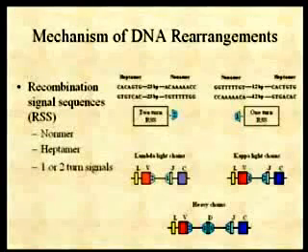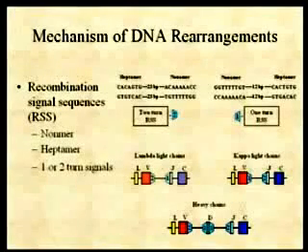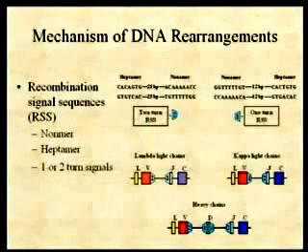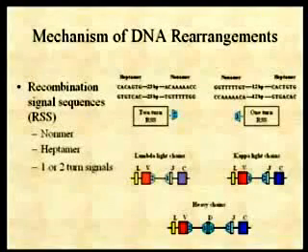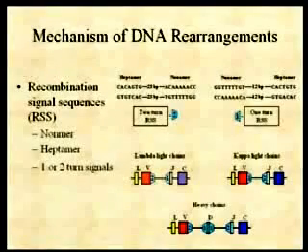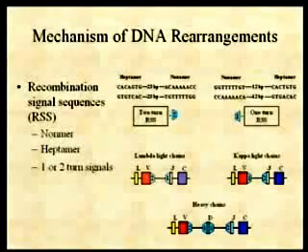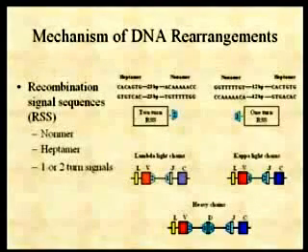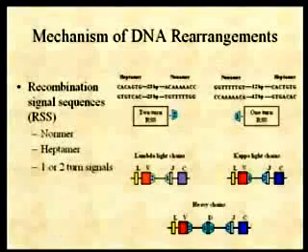They all contain a heptamer, a sequence of 7 nucleotides, and a nonamer, a sequence of 9 nucleotides. And those are conserved sequences, but they are separated. The heptamer and the nonamer are separated either by 12 bases or by 23 base pairs. And it doesn't make any difference what the sequence of those 12 or 23 is. What's important is that it be 12 nucleotides or 23 nucleotides.